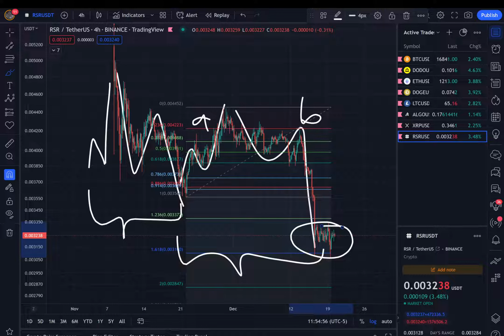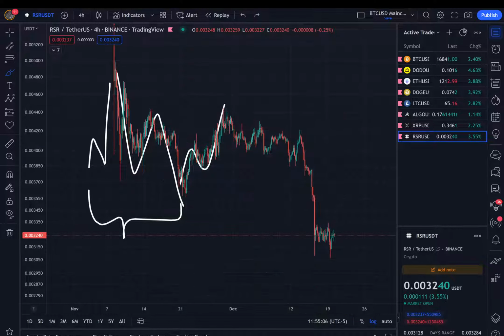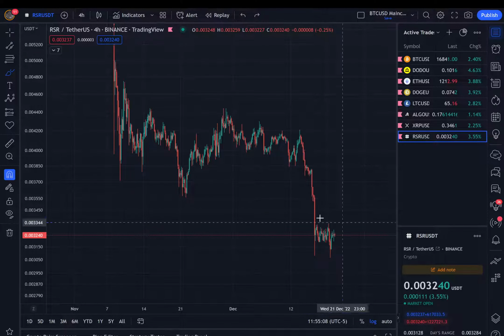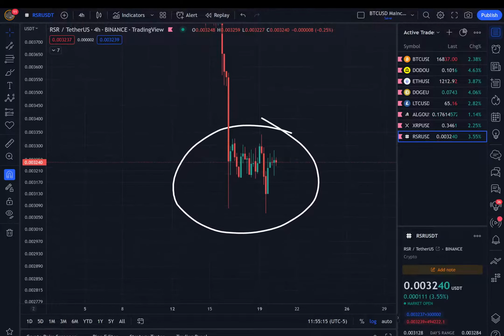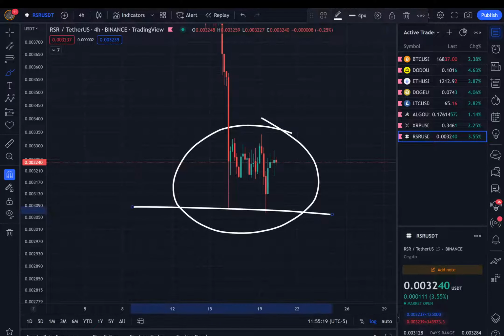No, do your analysis. Okay, so this is my second degree of A/B basing, and I think this is very clearly a pivot. Is it or is it not? Look at it. All right, let's zoom in. So this is my allegation that this right here in RSR is a clear pivot. And remember, this pivot is also an important daily support level.